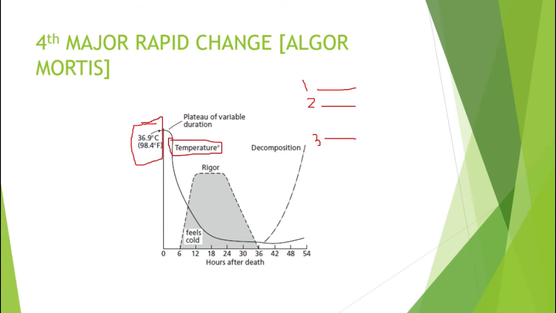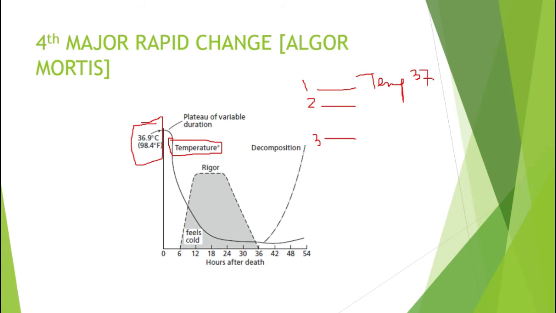However, many factors affect body temperature in life, including variation throughout the 24-hour period, diurnal variation. Similarly, exercise, infection, and the menstrual cycle also affect the core temperature. So the first assumption is that the temperature of the body was 37 at the time of death, which is not always the case.